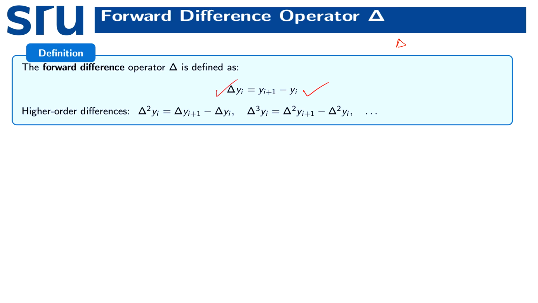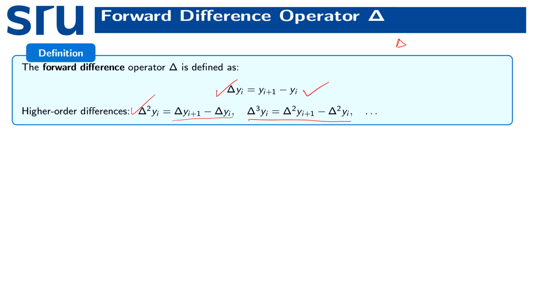Also, we can extend this idea further. The second order forward difference is defined as delta square yi, that is given as delta yi plus 1 minus delta yi.